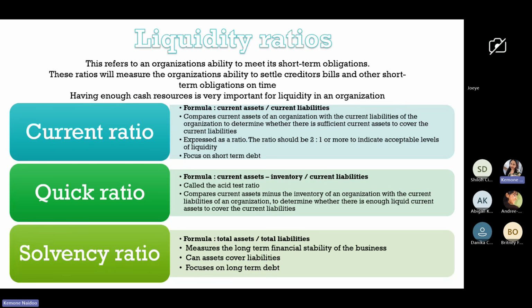Okay, so first let's look at what liquidity ratios are. This refers to an organization's ability to meet its short-term obligations, or its long-term obligations. Okay, so these ratios will measure the organization's ability to settle creditors, bills, and other short-term obligations on time.